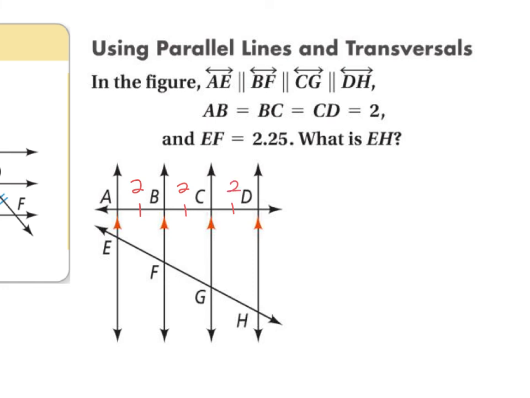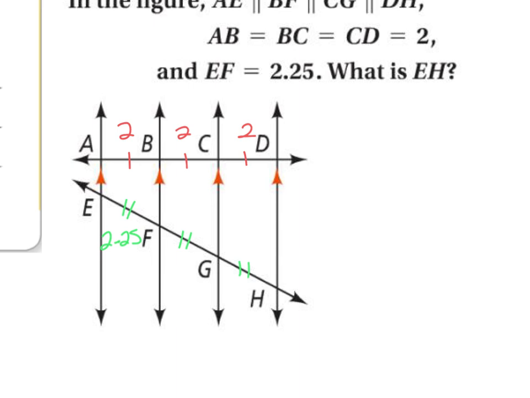All right, so if they're all congruent and those lines are parallel, then that must mean these are all congruent as well, given our theorem. So if EF is 2.25, what is EH? So if that's 2.25, then the other two must be 2.25.